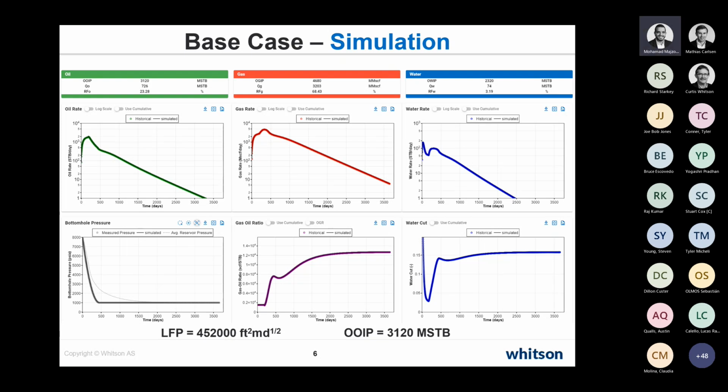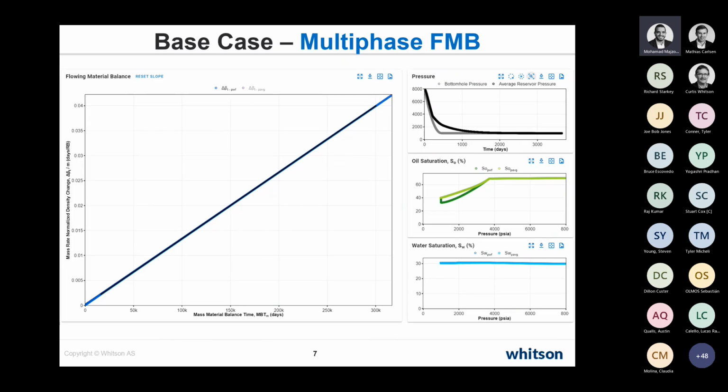If I took these rates and ran the multi-phase flow and material balance method with this, this is how it would look. It's actually a super straight line here.